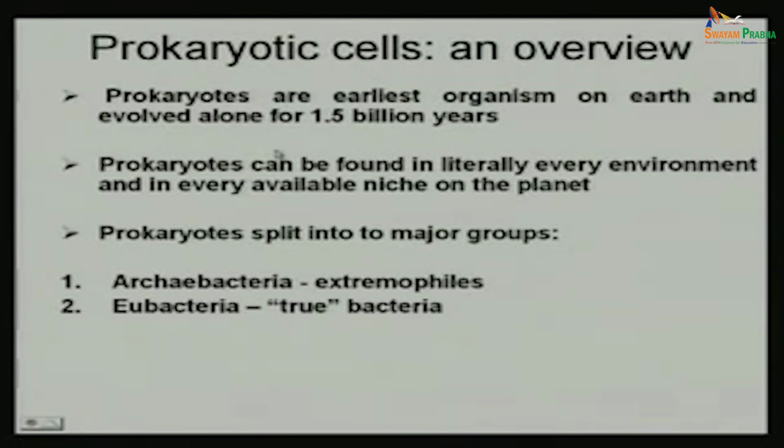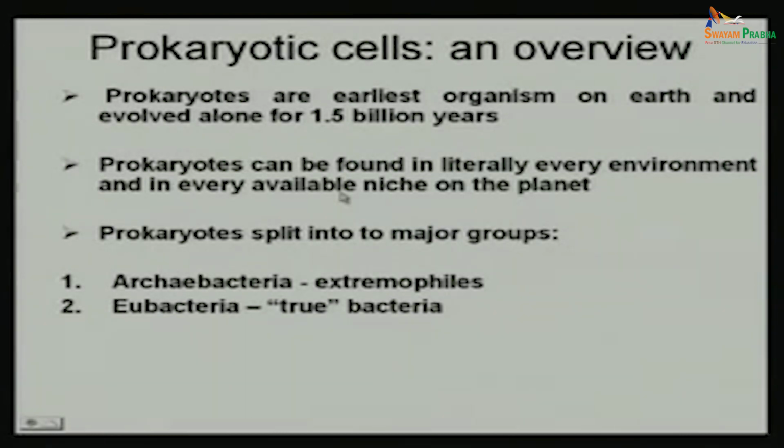Now, if we see the overview of this prokaryotic cell, we can find that these prokaryotic cells are the earliest organisms in this universe and evolved alone for 1.5 billion years. Prokaryotes can be found everywhere, in every niche available on this planet.